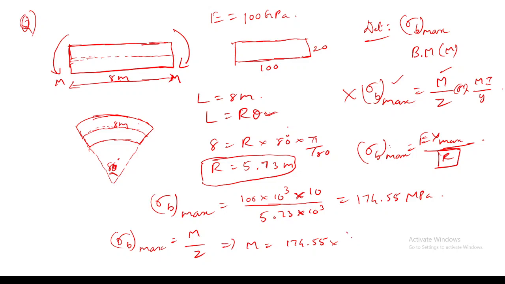So here what is actually b and what is d? B is 100, D is 20. Don't get confused with this b and d, because when I studied I used to get confused. So this is b d square by 6.